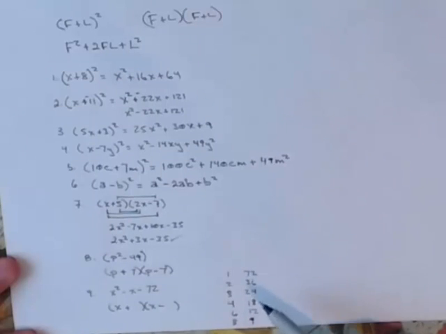I need two terms where the difference between them is 1. Where do I have a difference of 1? Well, it's 8 and 9. The difference between 8 and 9 is 1, and that is the coefficient of my middle term. So I know that I'm going to be using this pair, 8 and 9.